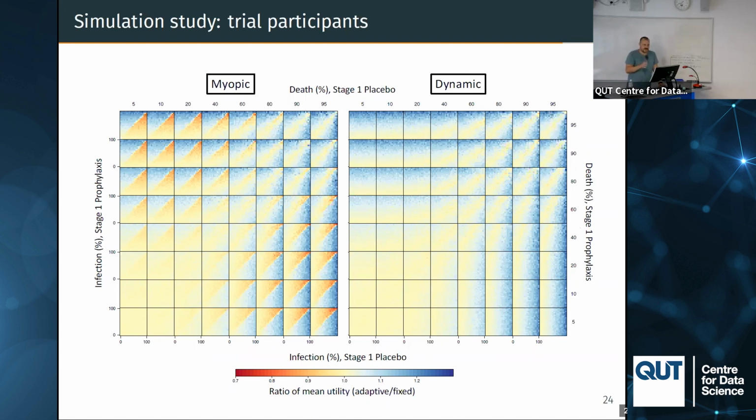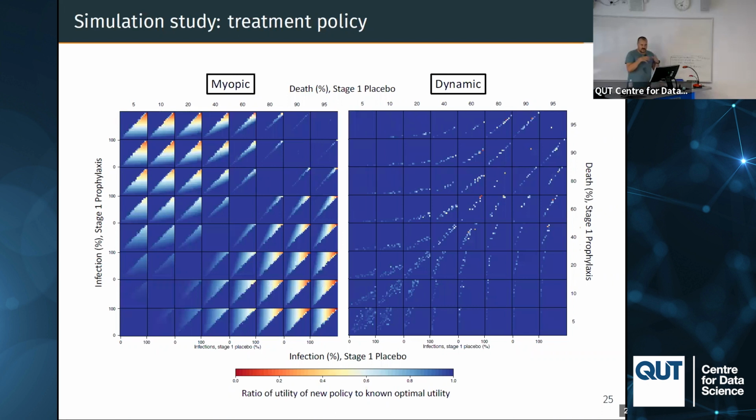What is the utility of the patients that go on to be treated based on a policy derived from the trial results? So it's exactly the same sort of graph schema. We're just looking at a different measure here. So this is the ratio of the utility of the policy that gets chosen.